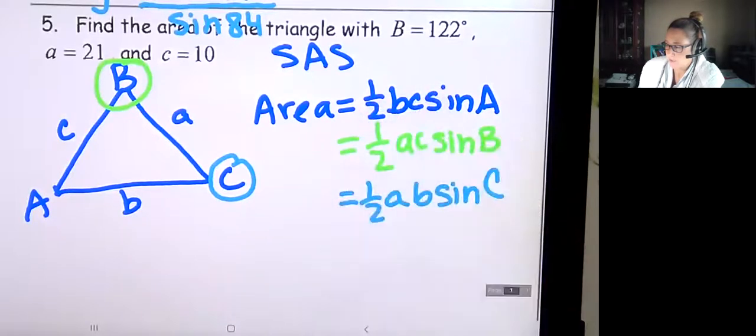It's the other two sides, okay? So that's the formula, depending on what we're doing.